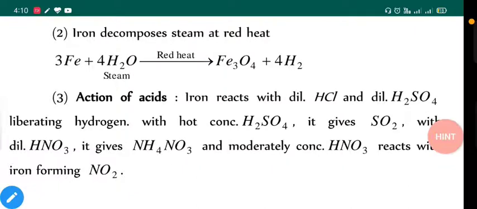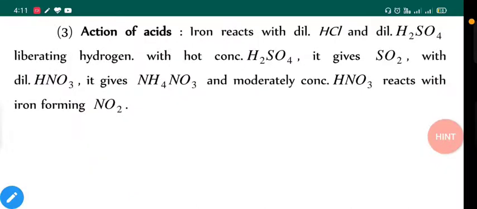Now, action of acids on iron. Iron reacts with dilute HCl or dilute H2SO4 and liberates hydrogen. That means iron will combine with Cl and SO4 with dilute acids HCl and H2SO4.